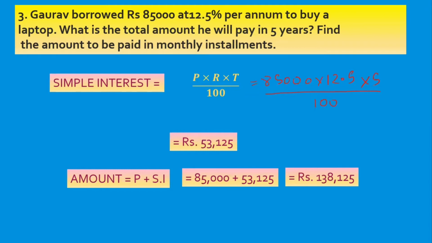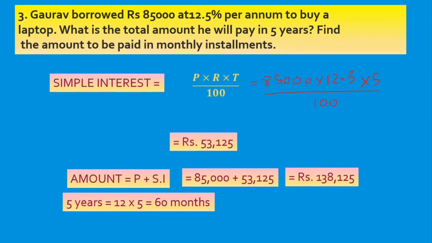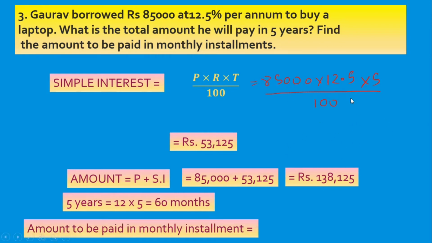One year has 12 months, so monthly installments for 1 year will be 12. So how many installments will he have to pay? 5 years is 12 into 5, which is 60 months. So he will have to pay 60 installments. Whatever money he has to pay, we will divide by 60.